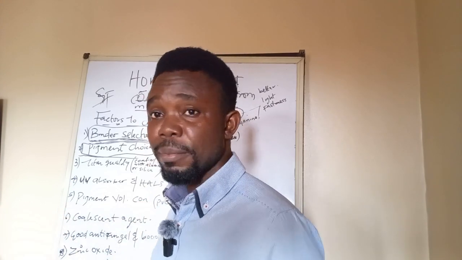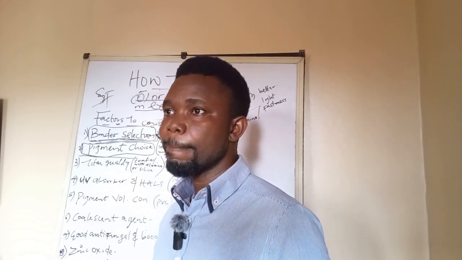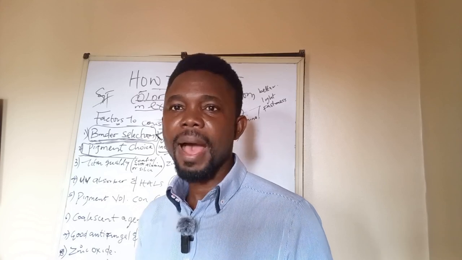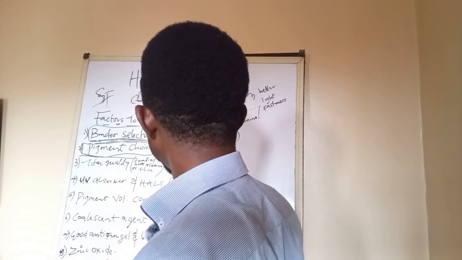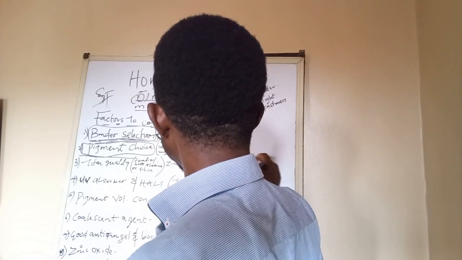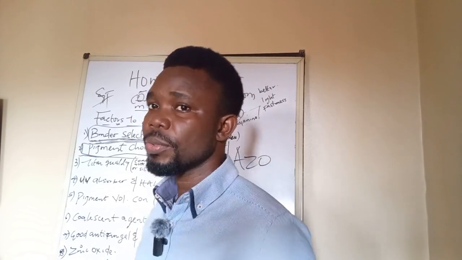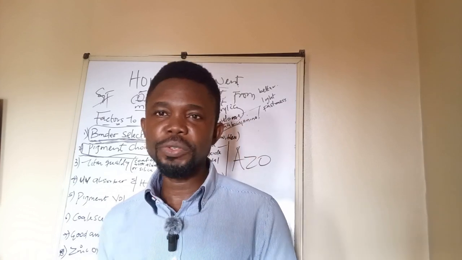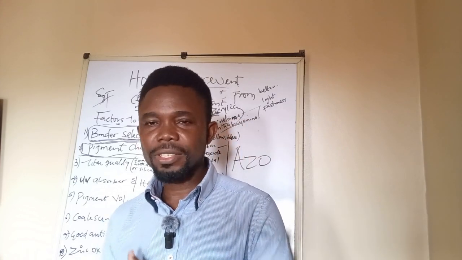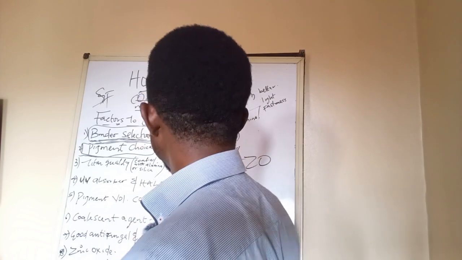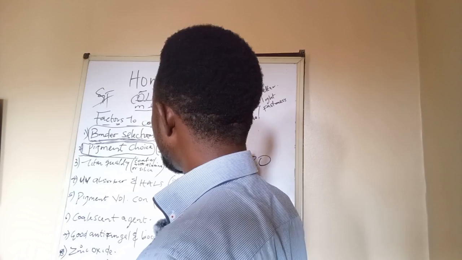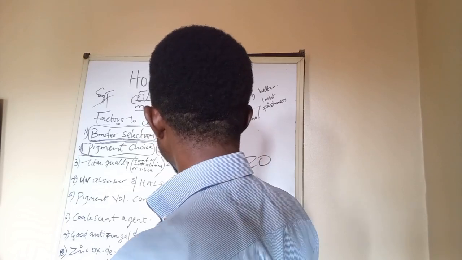They perform much better than your normal ones, which we call Hansa. Those ones, if you use them in your production, just fade almost in no time. But these two can still really handle UV light better than the Hansa.